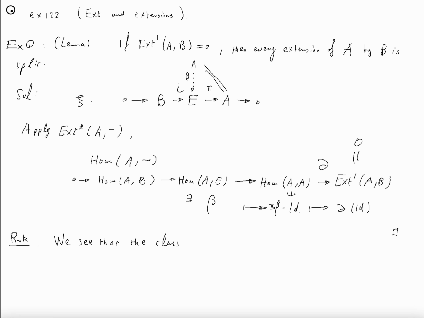In this case, partial identity is 0. In general, when we don't know that Ext^1 is the trivial group, the image of the identity might not be 0. In this case, the class corresponding to this partial identity in Ext^1 is an obstruction.